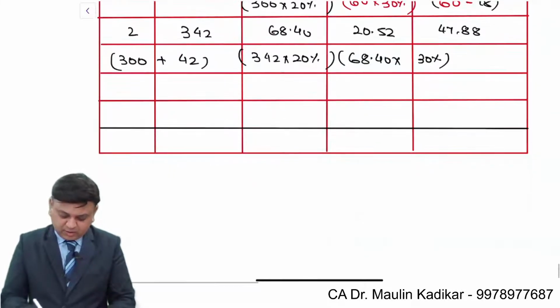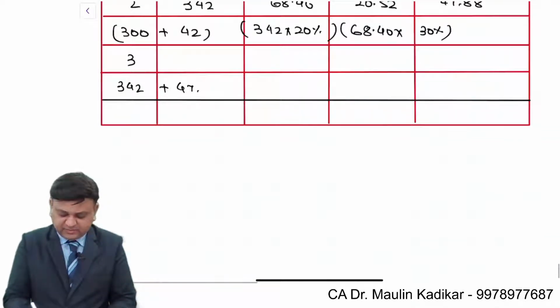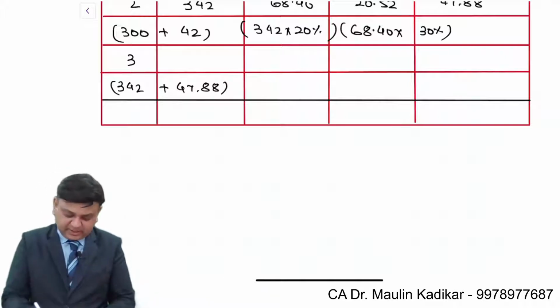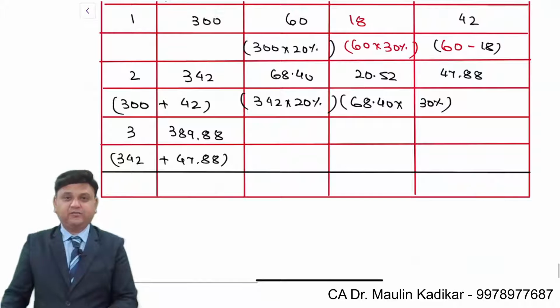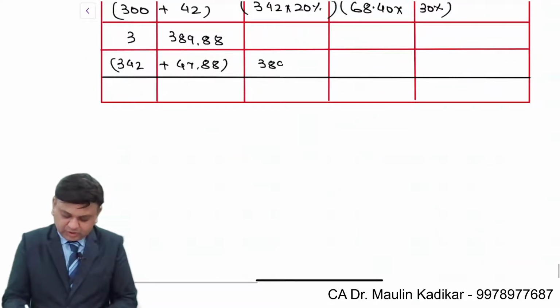Okay. Third year, 342 plus 47.88. That comes to 389.88. Again, you will earn at the rate of 20%. So 389.88 into 20%.